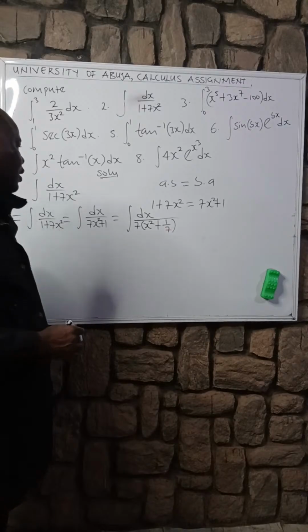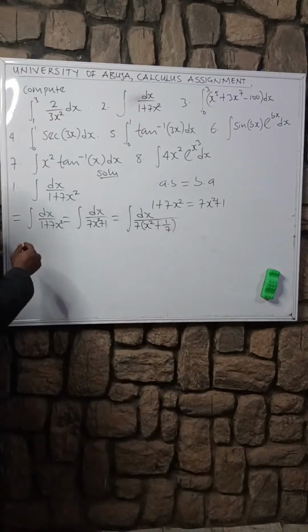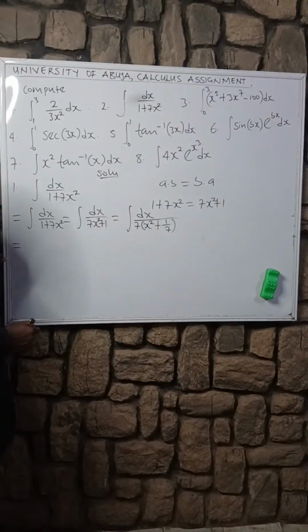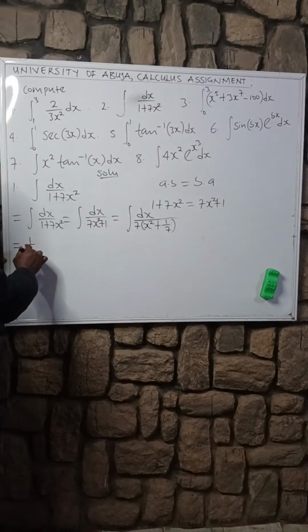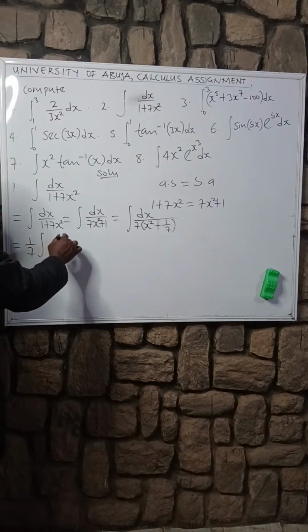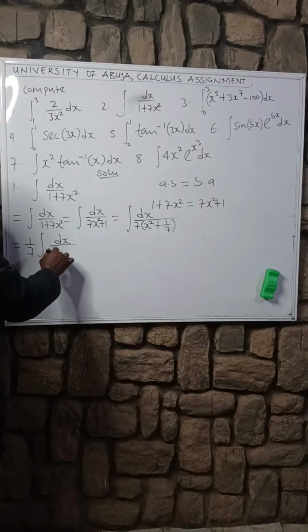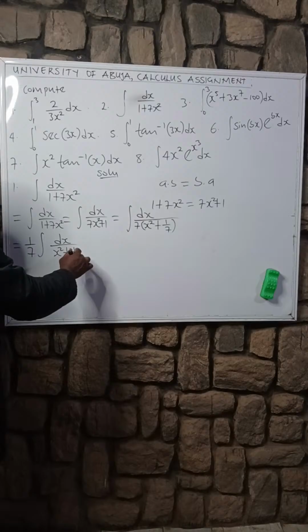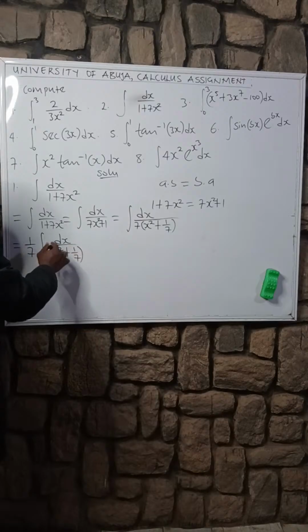Okay. So if you agree with me, 1 all over 7 is a constant, so we can factor it out. Then the integral will now turn to dx all over x squared plus 1 all over 7, two of us.